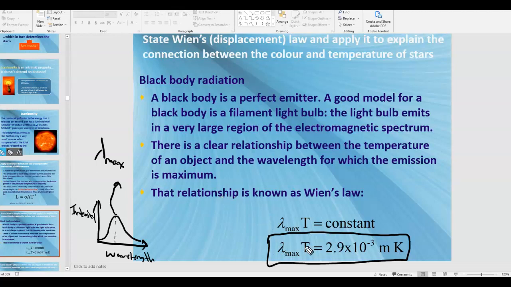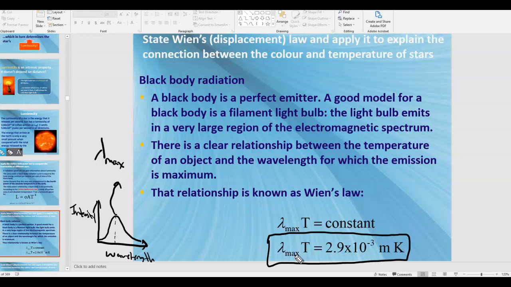In other words, if you multiply that peak wavelength in meters times the temperature of the object in Kelvin, that is equal to a constant. And the value of that constant is about 2.9 times 10 to the negative 3 meter Kelvin. So that's not millikelvin, that's meter times Kelvin.